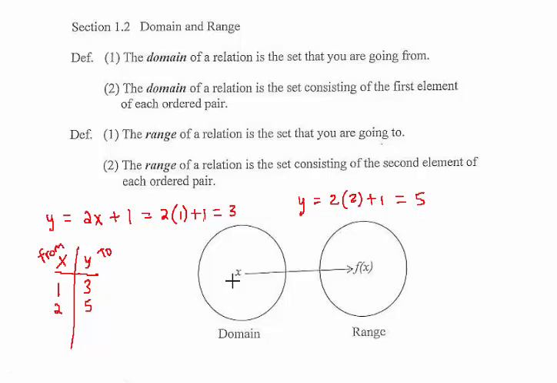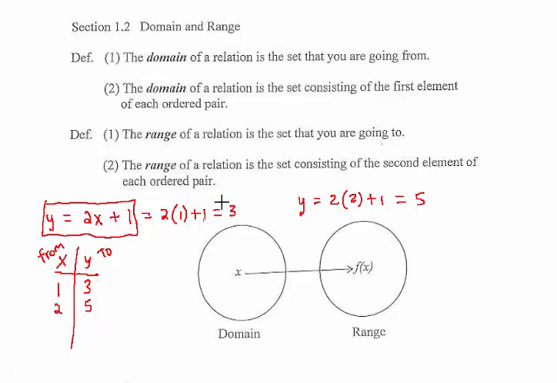It's the set that we're going from, and the range is the set that we're going to. So for my example of y equals 2x plus 1, my range would be the y values that I calculated. In this case, I only calculated 2, 3, and 5, but there are others, and they're based off of this equation.